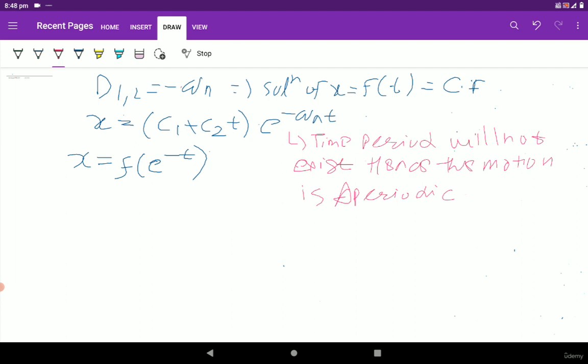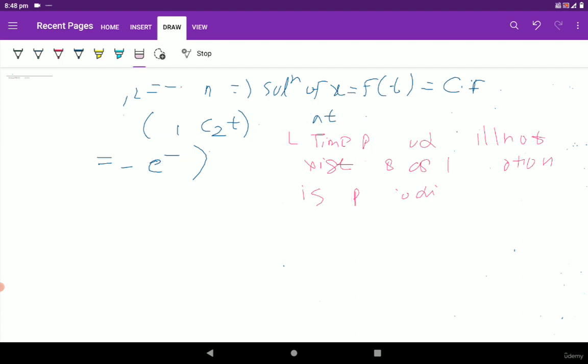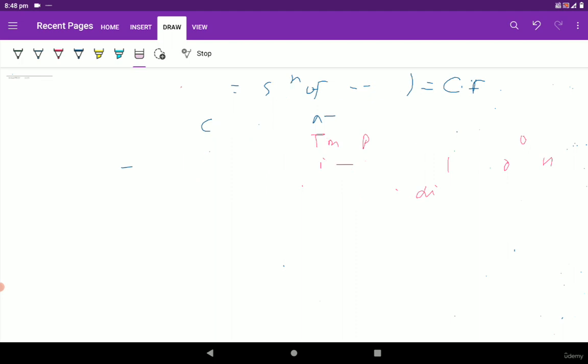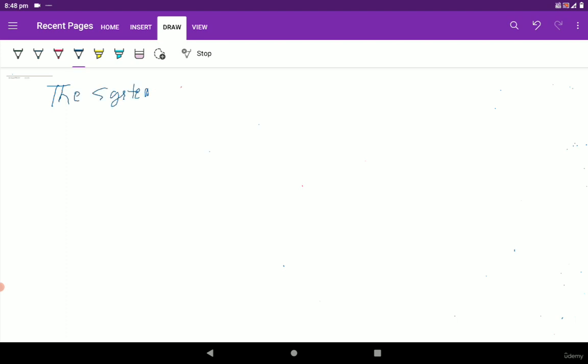You should remember that for the critical damping case, the system will not oscillate.